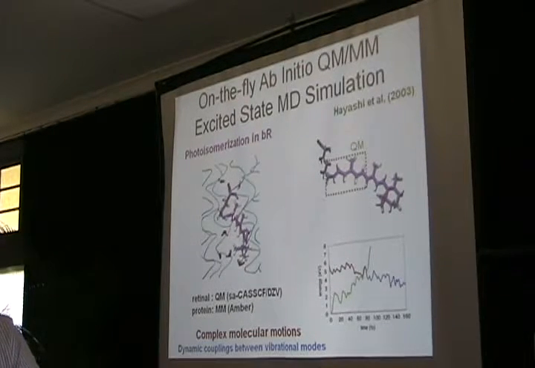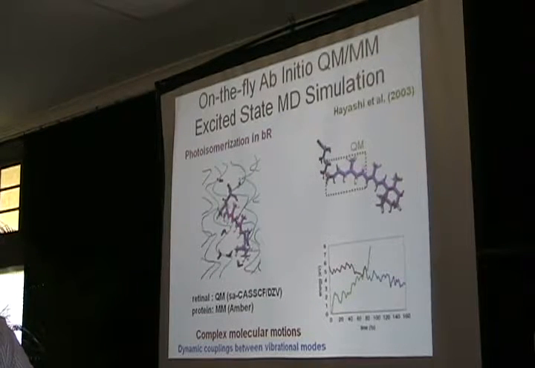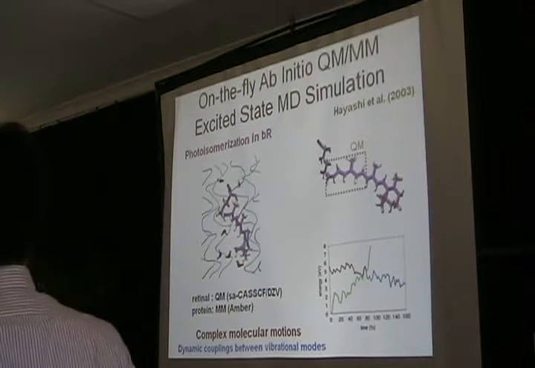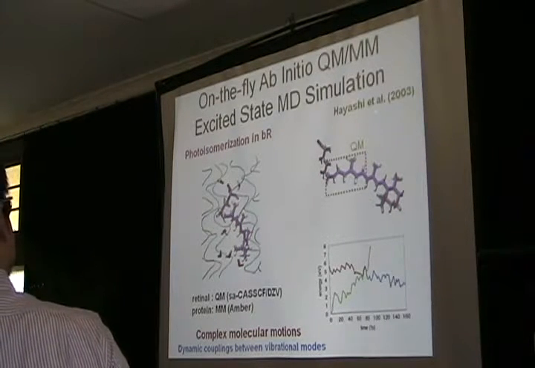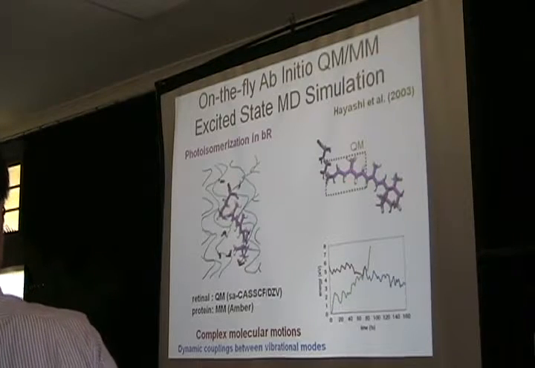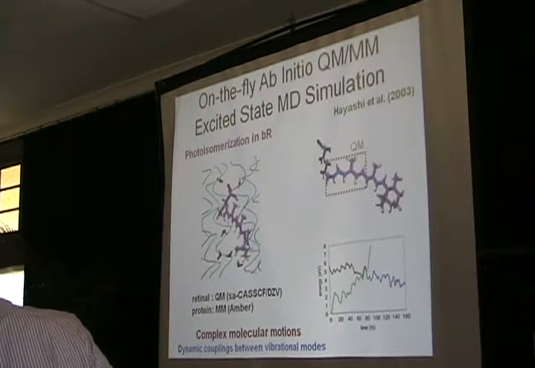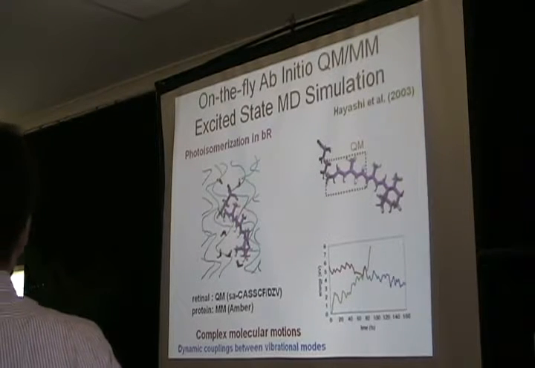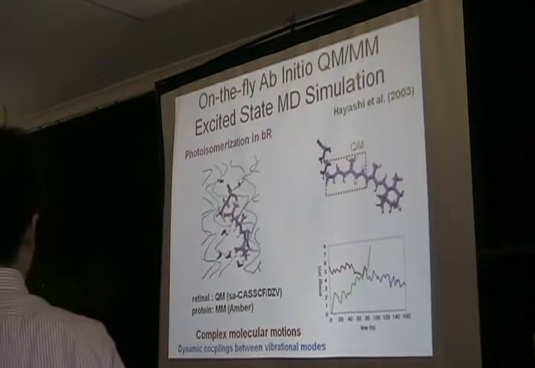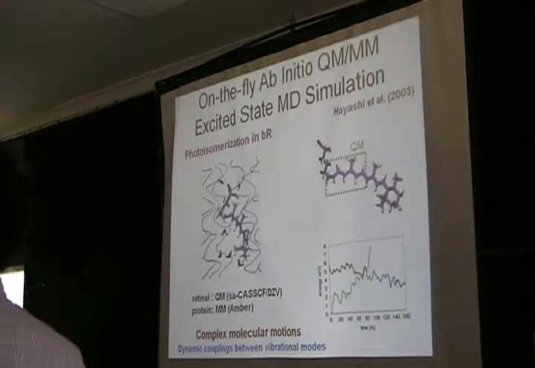So here you can see the isomerization, and everything is moving smoothly. What we found, and this was done in 2003, so it's old stuff, is that the process involves really complex molecular motions, like dynamic couplings between vibrational modes.